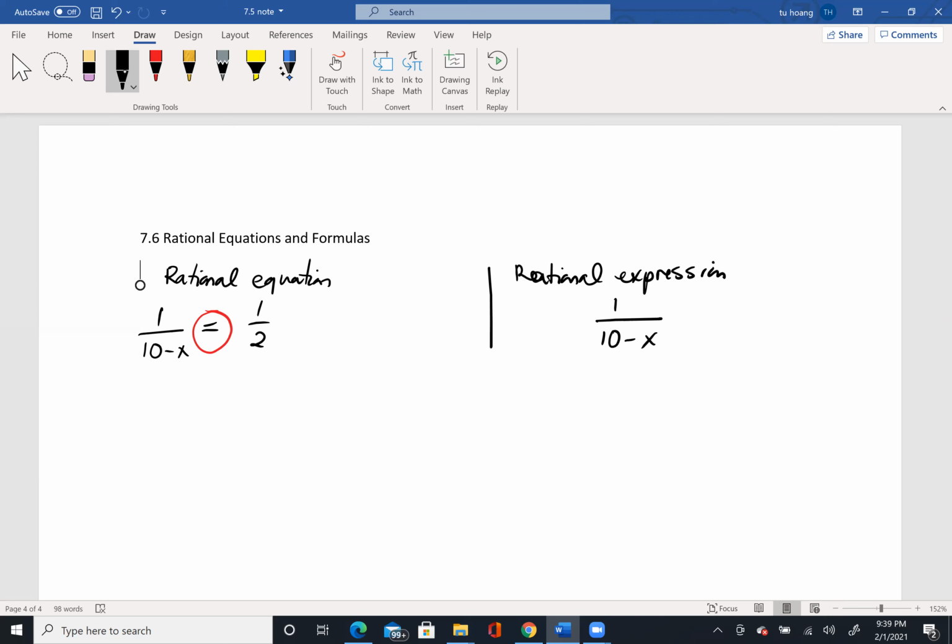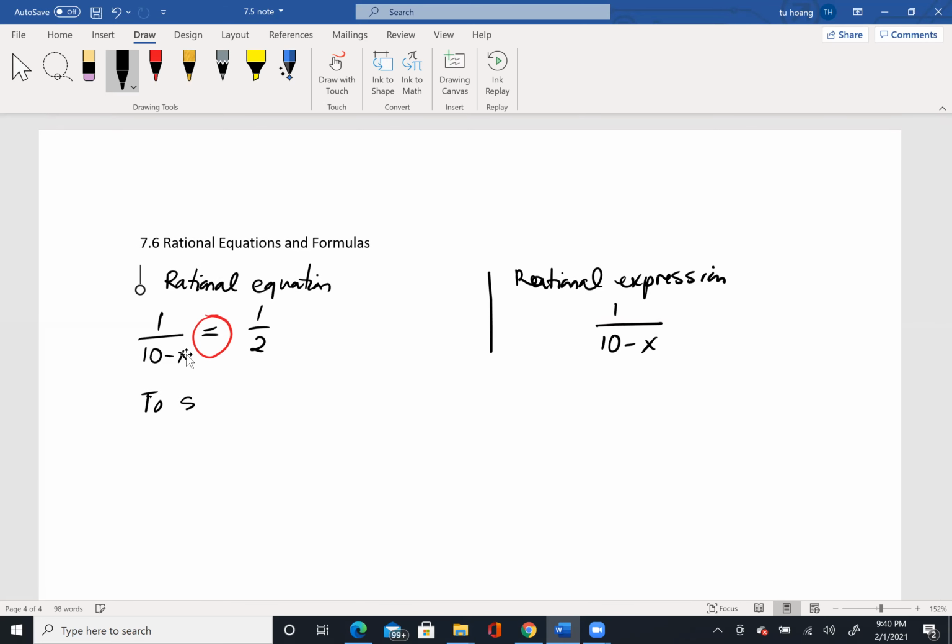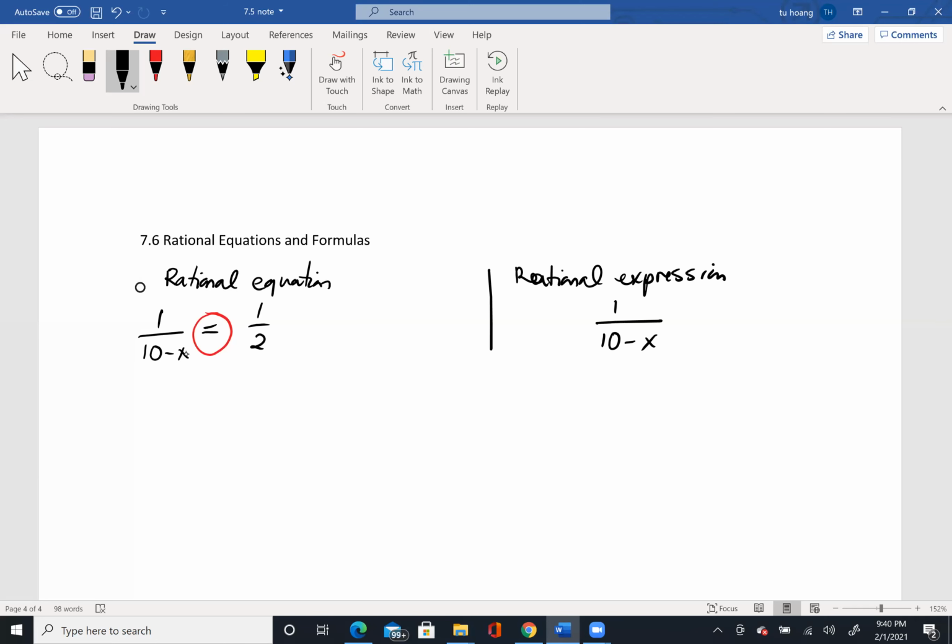We also need to know, in order to solve, they have another definition: the basic rational equation.